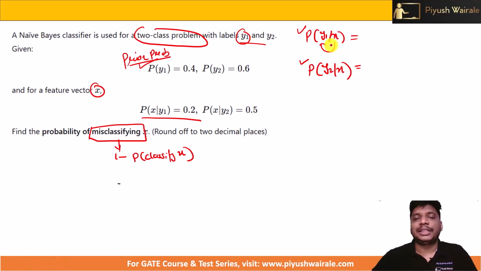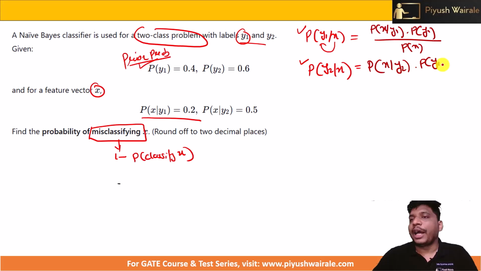Based on the Bayes theorem, what can we write down? This is basically equivalent to probability of x given y1 into probability of y1 divided by probability of x. Similarly here, probability of x given y2 into probability of y2 divided by probability of x, right? So we have these two things here. What is unknown?